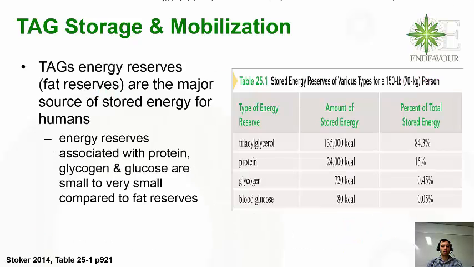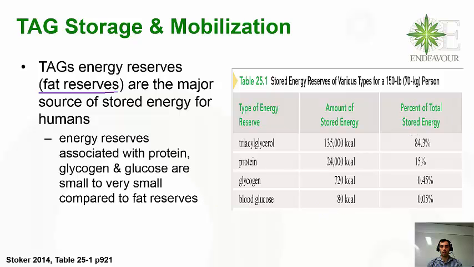So triacylglycerols represent the majority of our energy reserves, also known as fat reserves. So the majority of the energy that we store is actually in the form of triacylglycerol. So we can see that represented in this table on the right here.